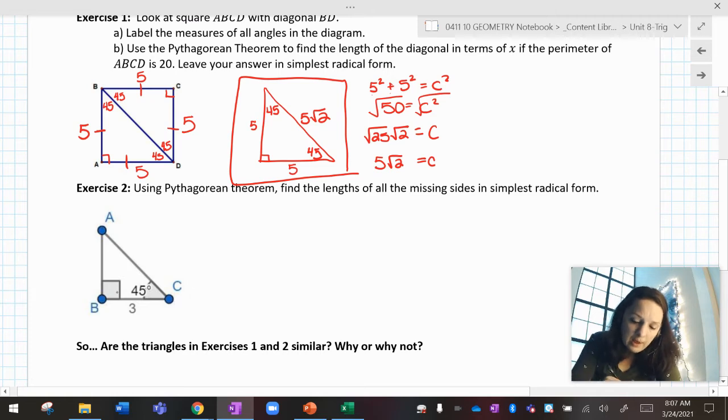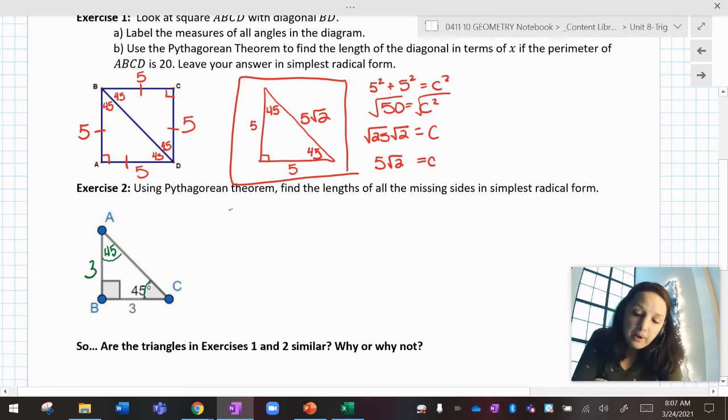Number 2. Here's another triangle. That's 90, that's 45. Well, if they all need to add to 180, this needs to be 45 also. It says using the Pythagorean theorem, find the lengths of all the missing sides. If these are both 45, that means it has two of the same angle, which means this is isosceles. So if one side is 3, the other leg is 3.